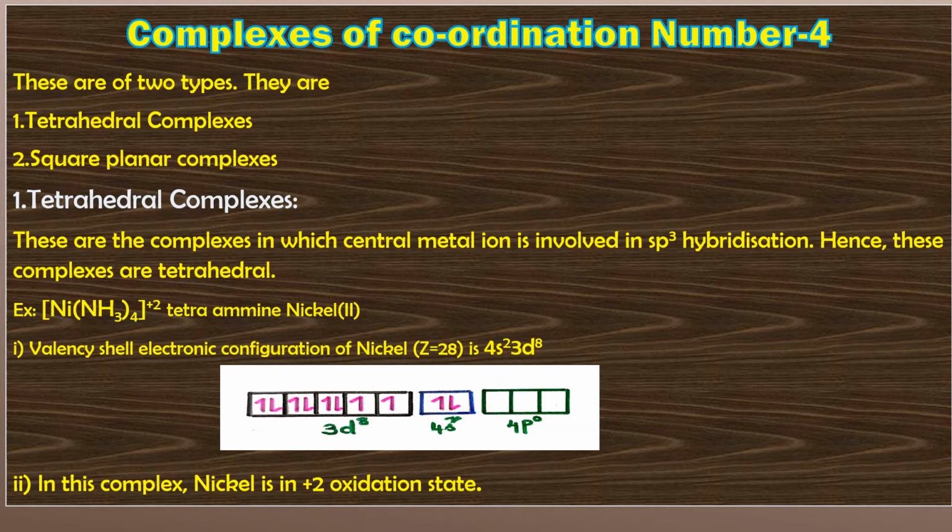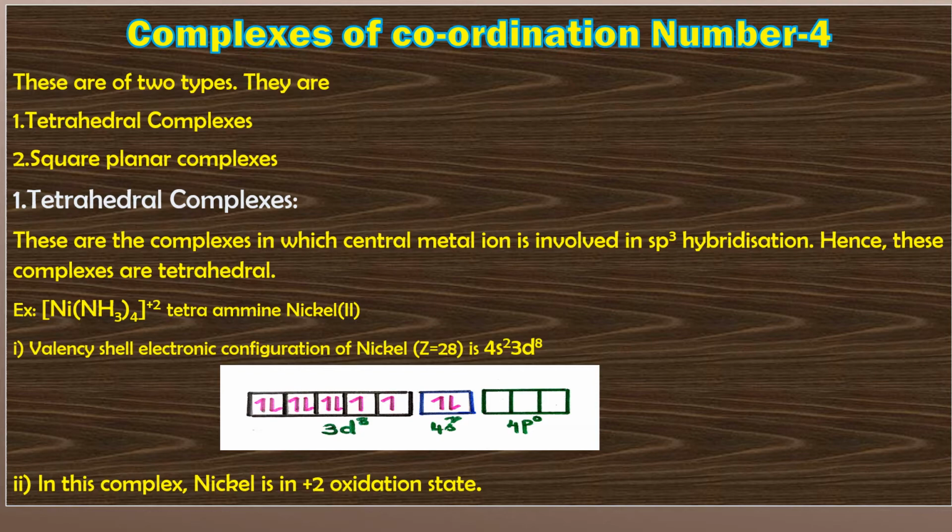Hence these complexes are tetrahedral; they possess a tetrahedral structure. Understood, students? So the complexes in which the central metal ion is involved in sp3 hybridization are called tetrahedral complexes.